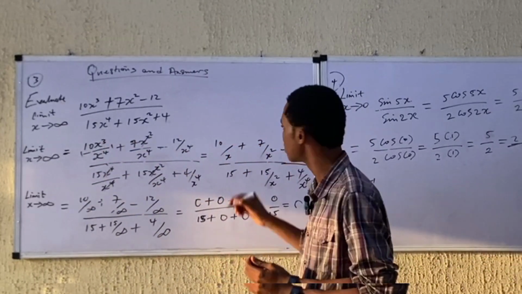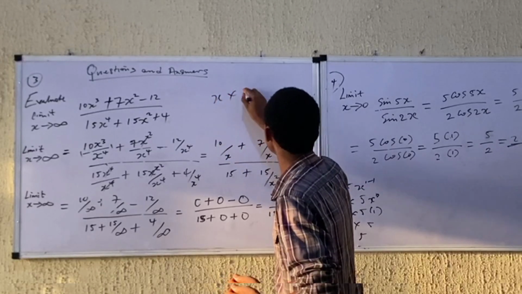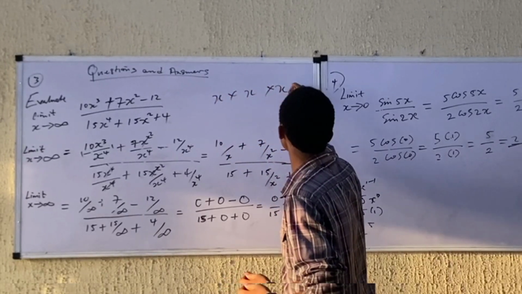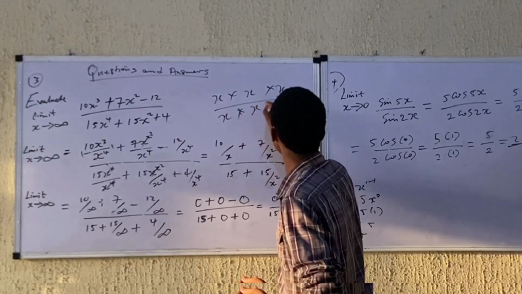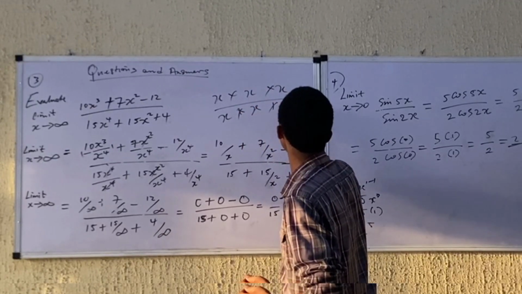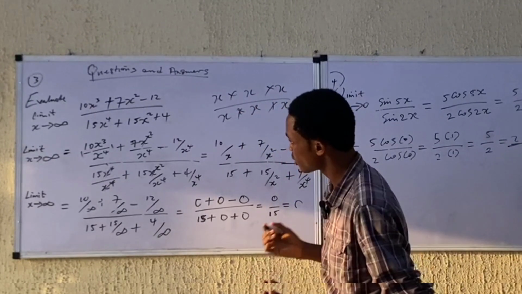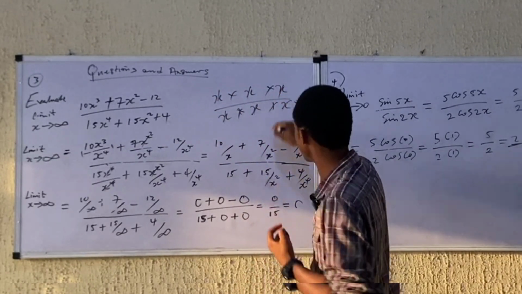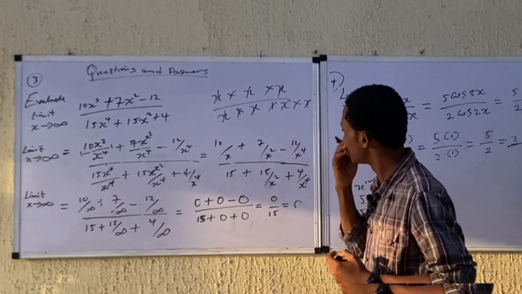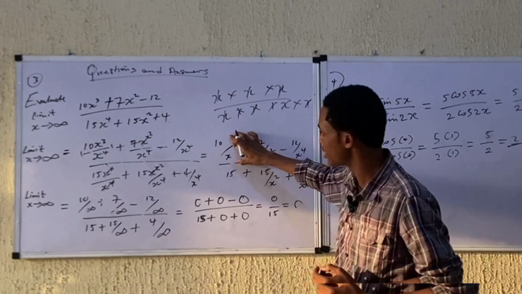This is synonymous to x times x times x all over x times x times x times x. This x cancels this x, cancels this x, cancels this, remaining 1. That's how we got to this point.